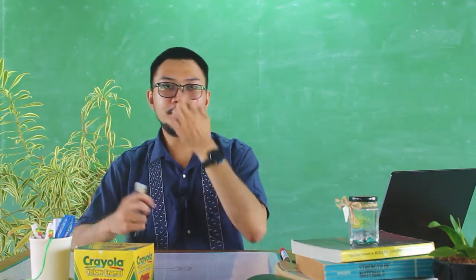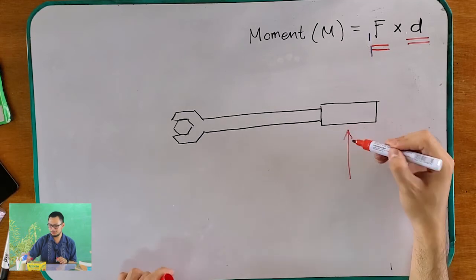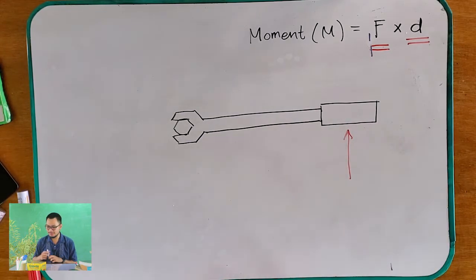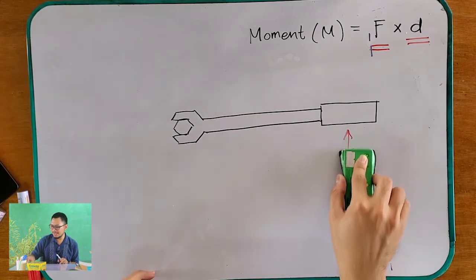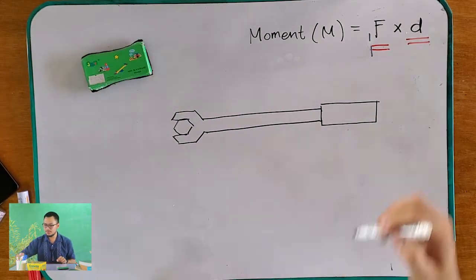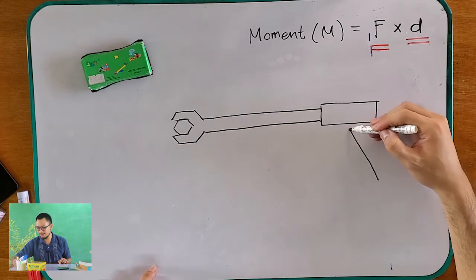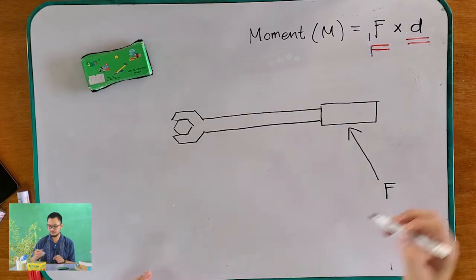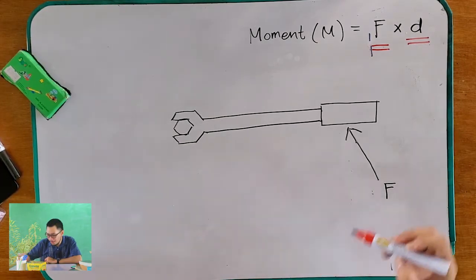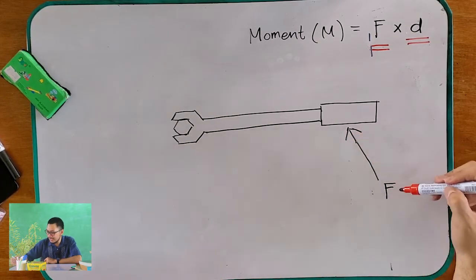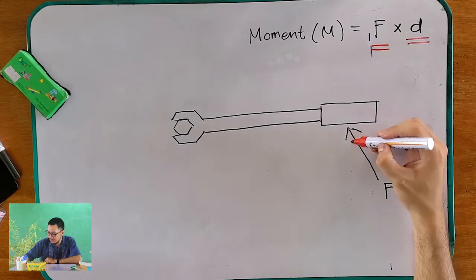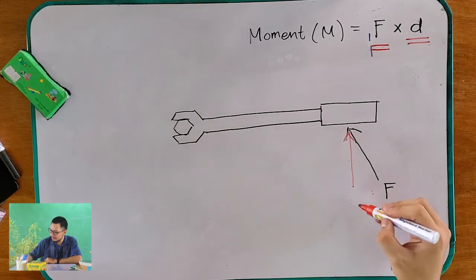Okay? Another instance. Let's change the direction of the force. Okay? Our first one was in this direction. So, how about, sir, instead of that direction, what if the direction of the force we apply is like this? Which has the bigger moment, this force or this force, with the same magnitude?